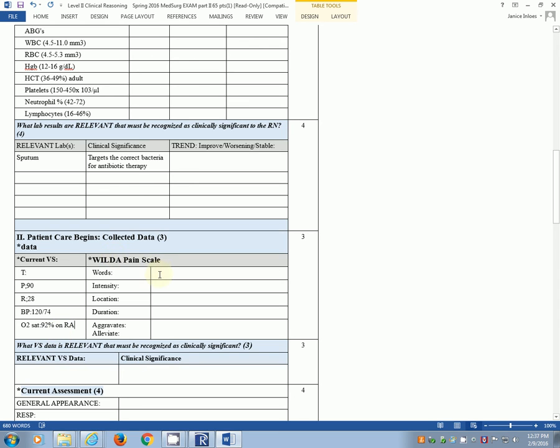Then, for the patient's pain, she says it really hurts to breathe. It gets worse, of course, when she breathes in, and it really hurts to breathe. I feel like I need more air.